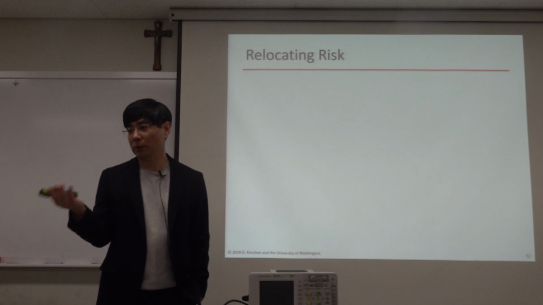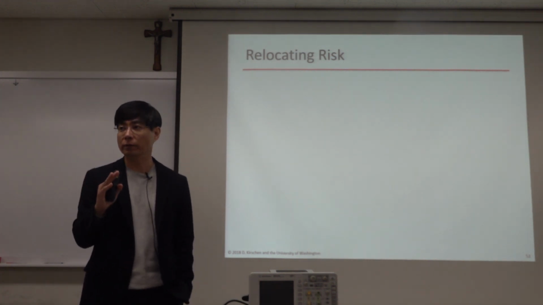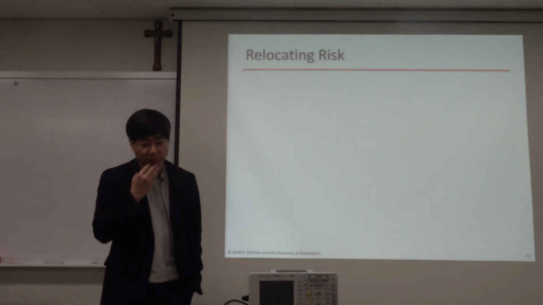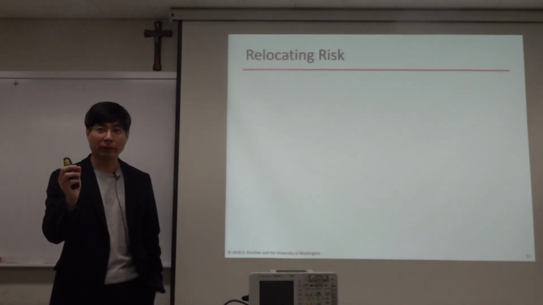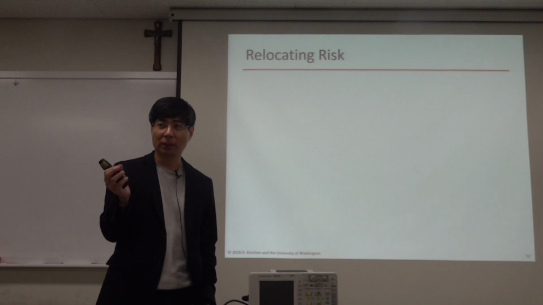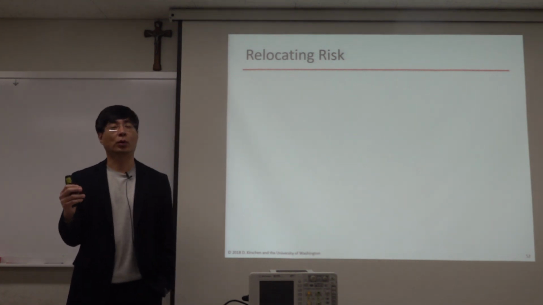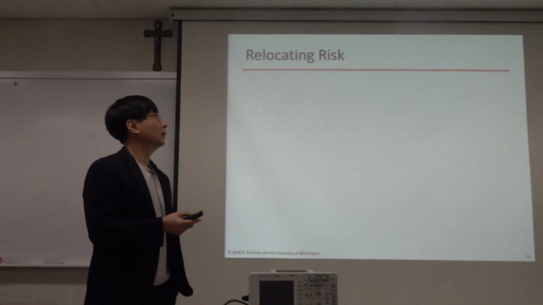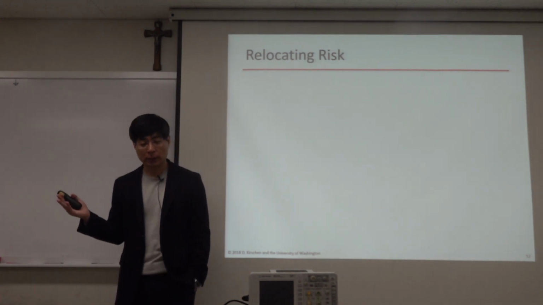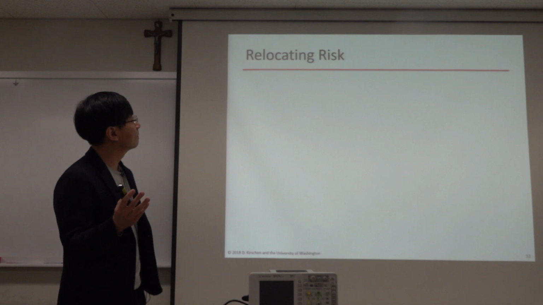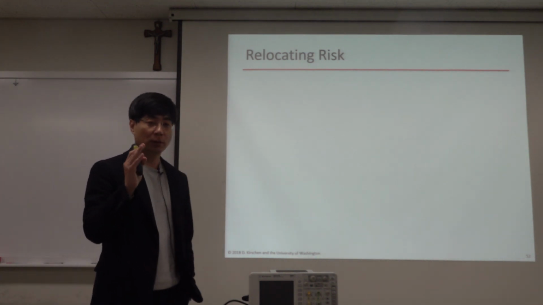And some participants are very conservative, so they just want to have a small gain, a small risk. Okay, they want to have just a good night's sleep. I don't want to worry too much about the future. Okay, so because in the market there are different types of participants, we can relocate the risk.